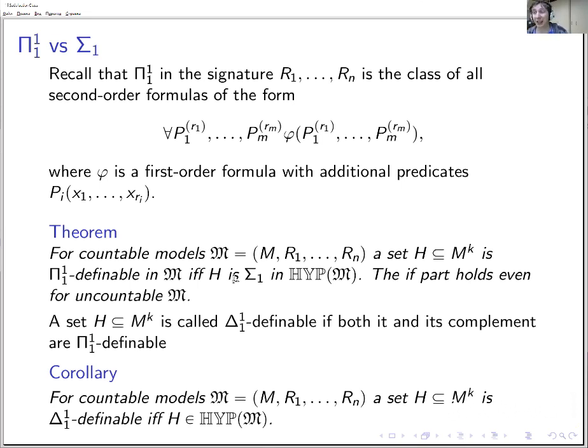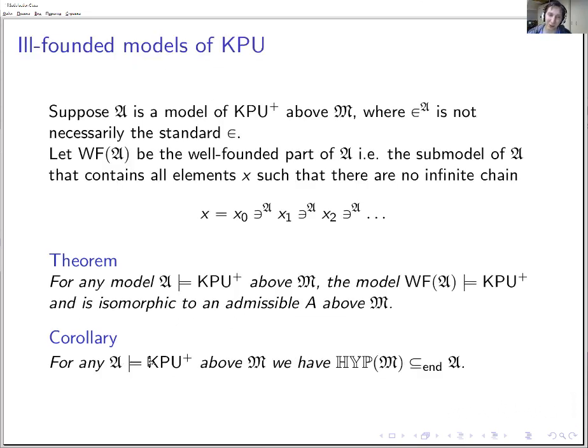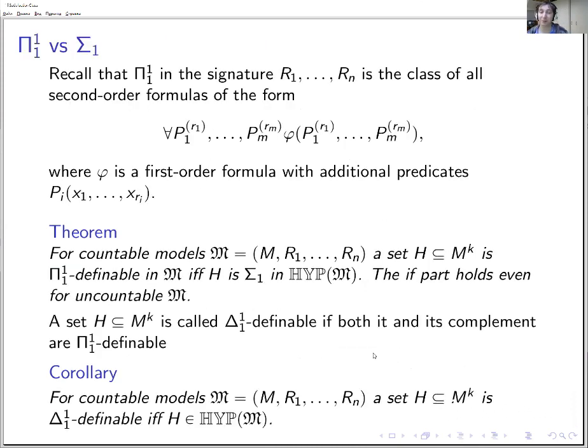And since all models of Kp plus contain heap of M as an initial segment, if some sigma 1 formula holds in heap of M, it actually holds in all models of Kp plus above M. And in particular, of course, it holds in heap of M itself.